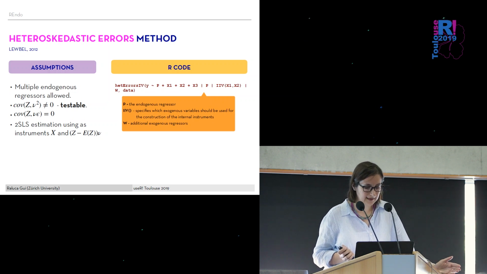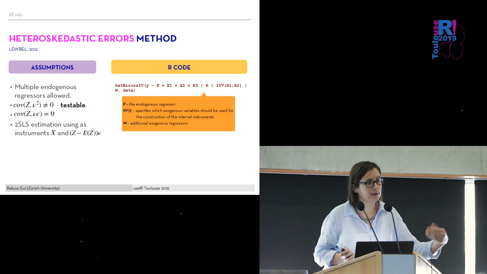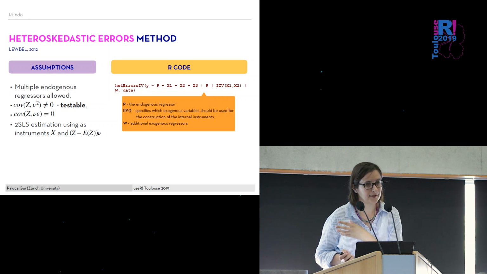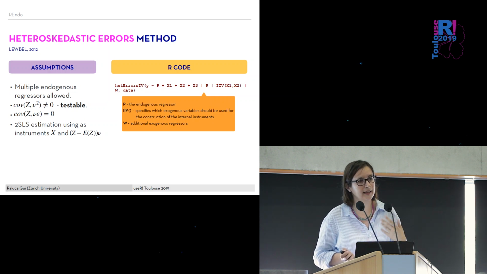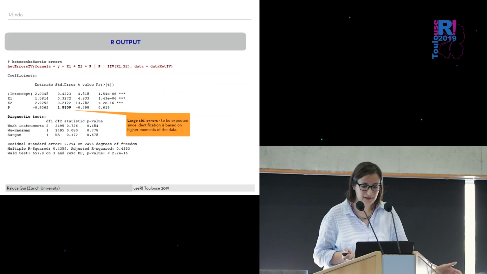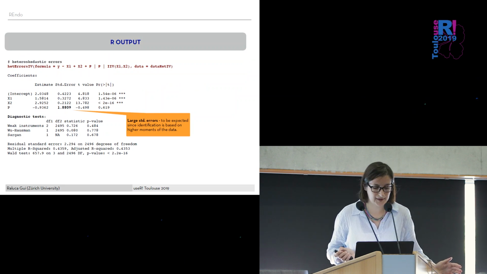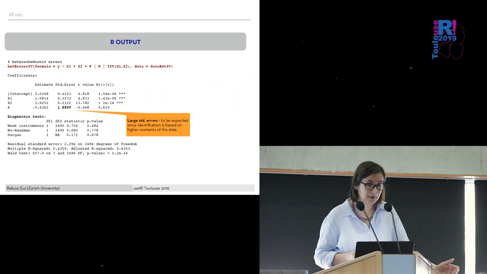What is nice is that if you have an external instrument, you can still build this with hetErrorsIV, combine external and internal instruments, and improve the efficiency of your models. Here it is exactly as I said. You also have the diagnostic tests that tell you if the instruments are weak and if you have an endogeneity problem or not.